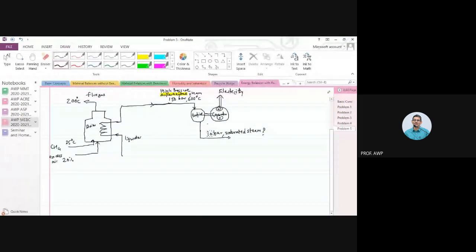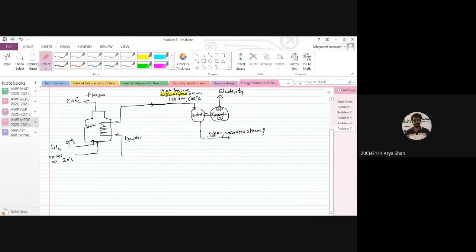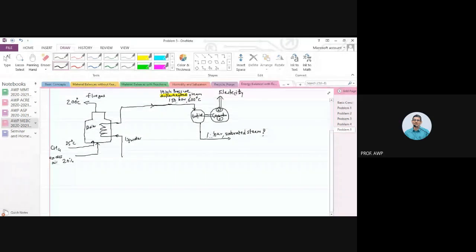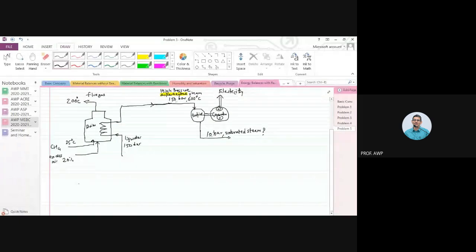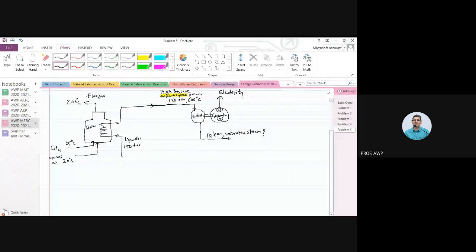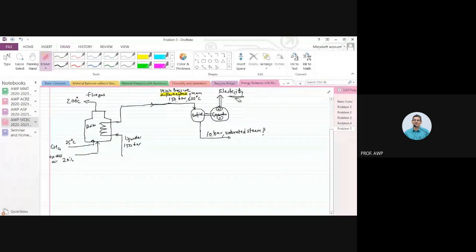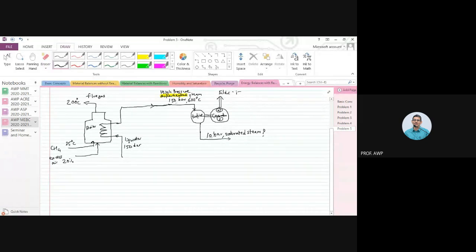From 10 bar to 150 bar. So this is 10 bar. We will supply liquid water at 150 bar, which means we will need a compressor, and the compressor will require the same amount of power as the electricity. So then the power plant will not produce any electricity.